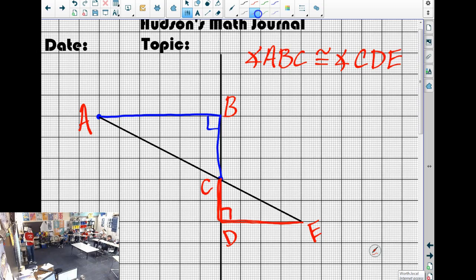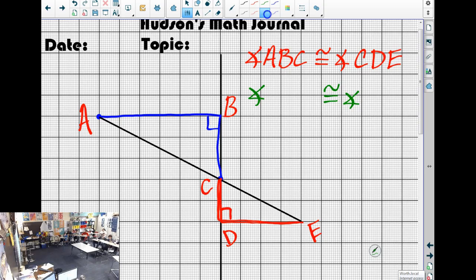So that's what we already wrote on our paper. All right, anyone got any ideas?